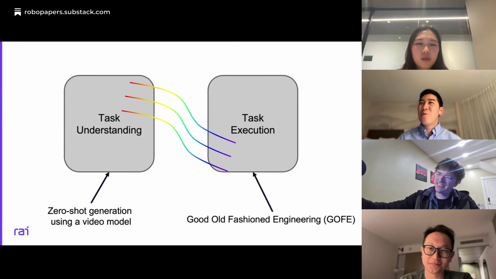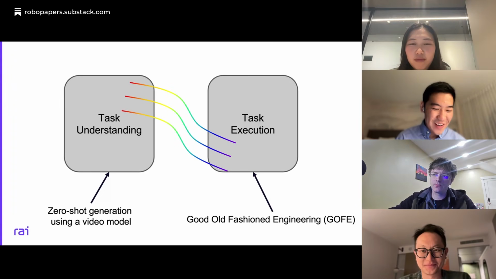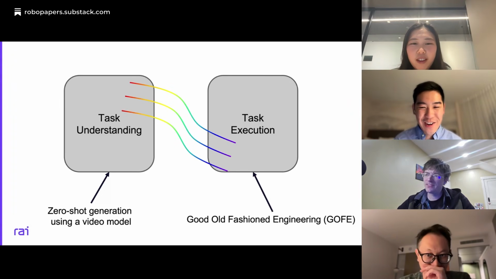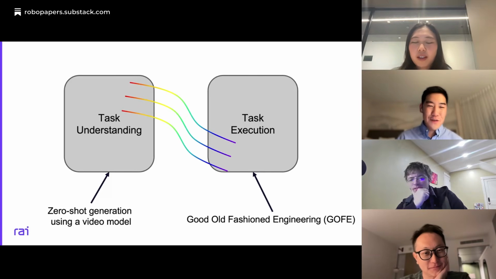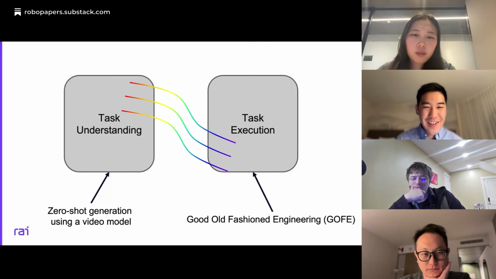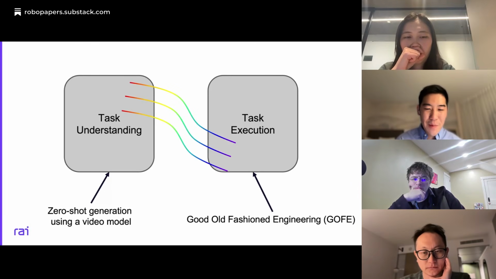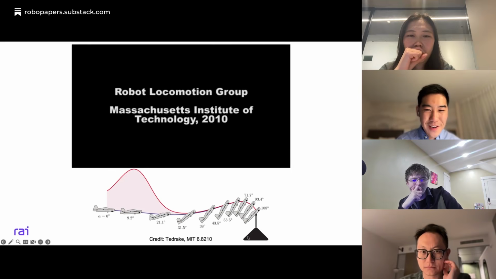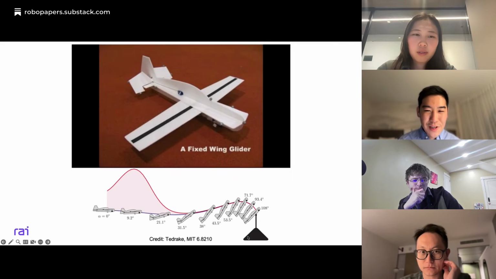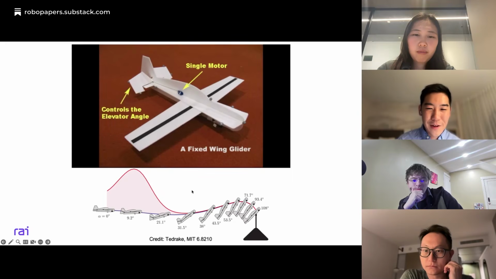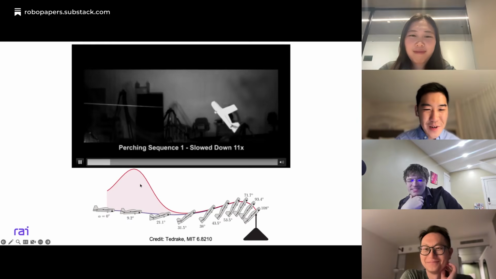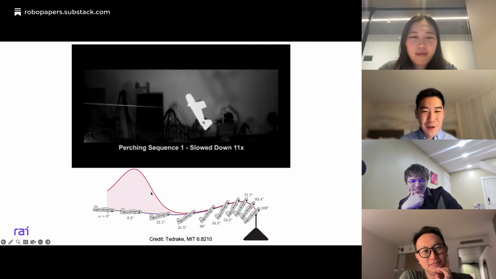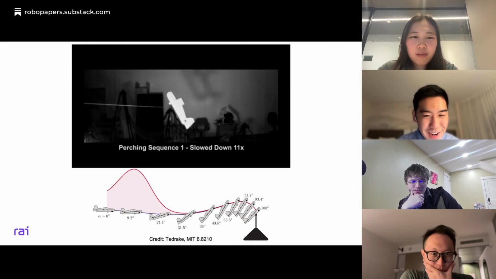So what we want to echo here is the good old-fashioned engineering, right? There are a lot of things that have been working for decades, and we want to remind people that things can work without using any deep learning. For example, here's a video from Russ Tedrake's course at MIT. Even though I think he himself is probably not believing this at this moment, this actually happened decades ago. You have a perching glider here, right?